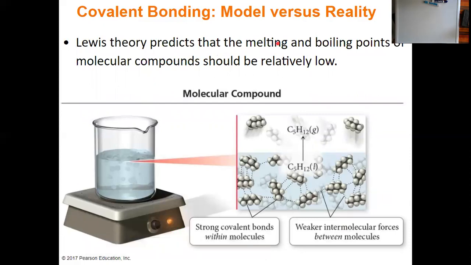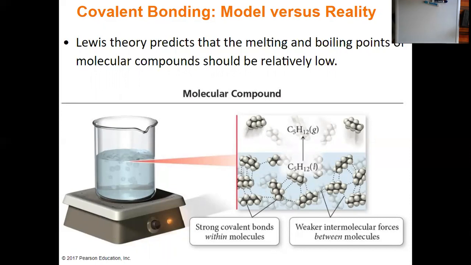Lewis theory also predicts that the melting and boiling points of molecular compounds are going to be low, as opposed to ionic compounds. And this is because of the difference between what happens when you are melting or boiling an ionic compound versus a molecular compound.